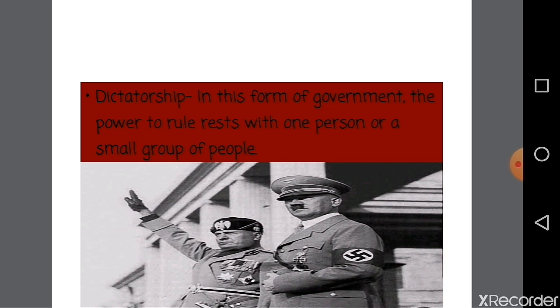So in this form of government, one person holds all the power, and if people disobey him or her, then what happens? They give brutal punishments for it. People were brutally suppressed under the leadership of a dictator, and Adolf Hitler is one of the most famous dictators ever.